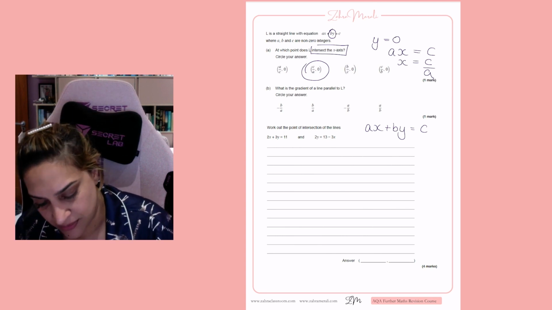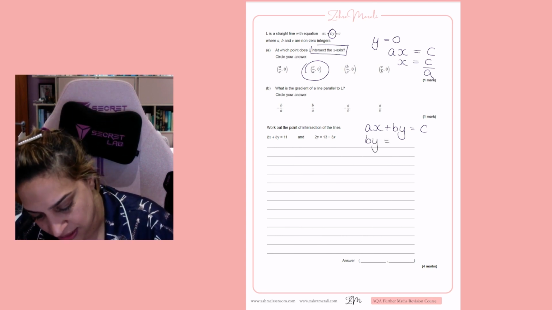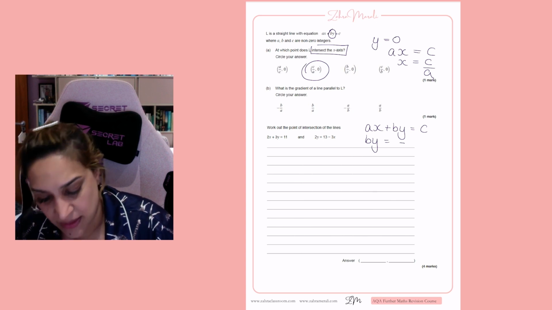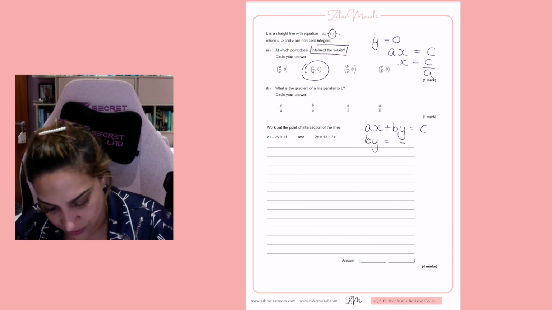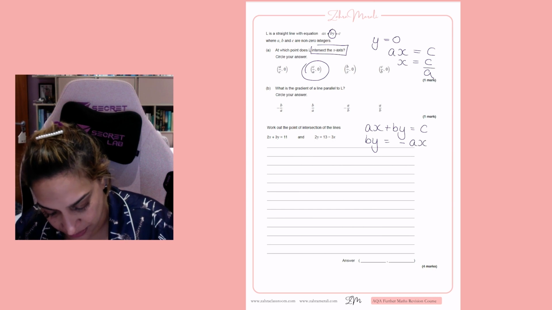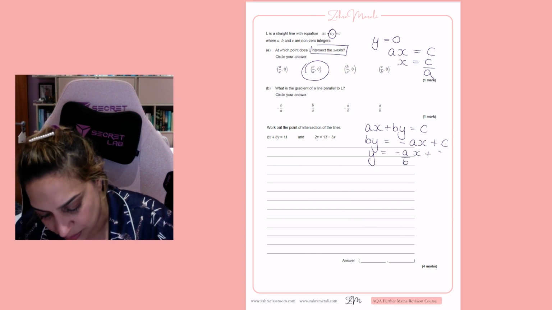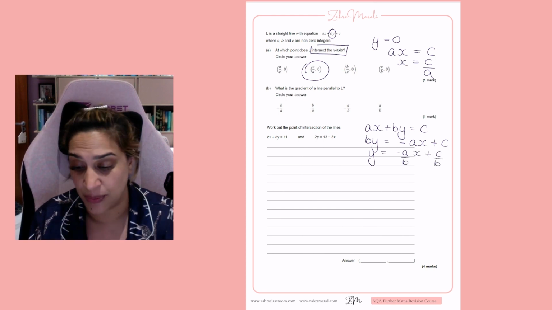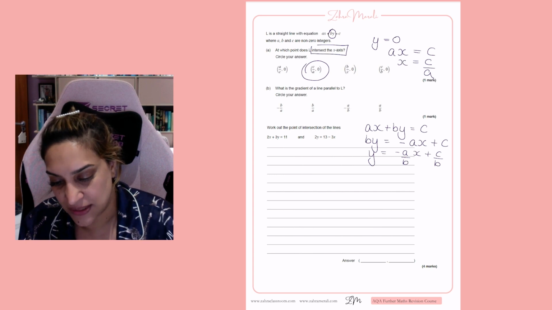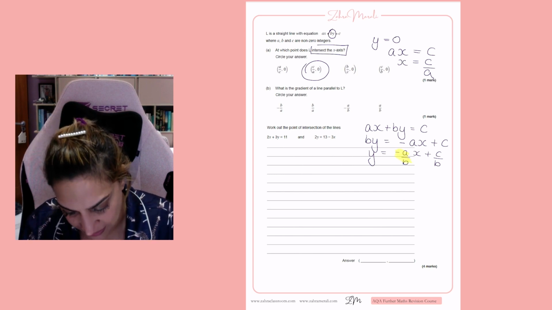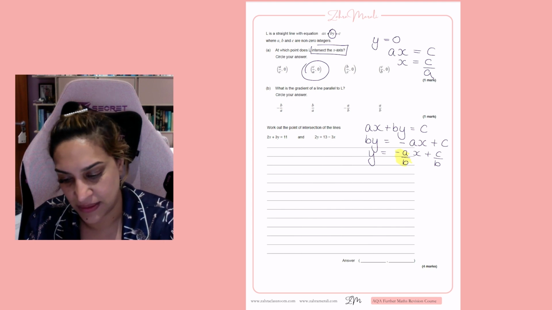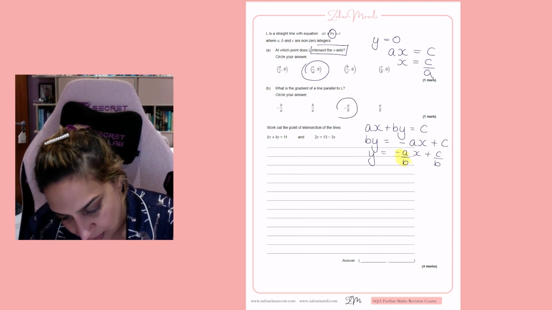So to find the gradient, I'm going to rearrange it to make y the subject of the formula. I'm bringing the ax to the other side, becomes minus ax plus c. And now to divide by b. So putting everything over b, I can put each bit individually over b. And now hopefully you can see that this bit here is your gradient. If I compare it to the options, it's going to be that one there.